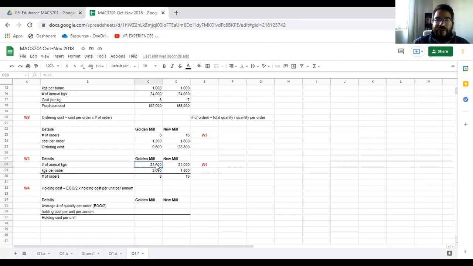The way we get that is by taking the units per order and dividing by 2, to get an average number of units on hand at a given point in time. When we multiply that by the holding cost, that gives you an annual holding cost for the year. So just be aware of why we divide by 2: because we need an average number of units.